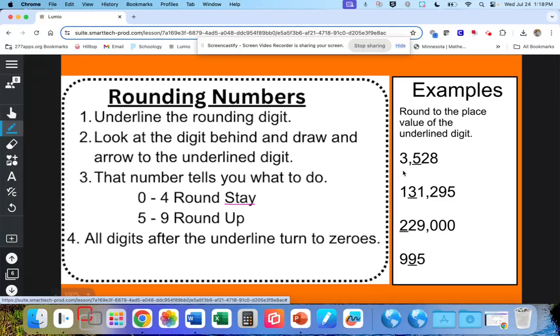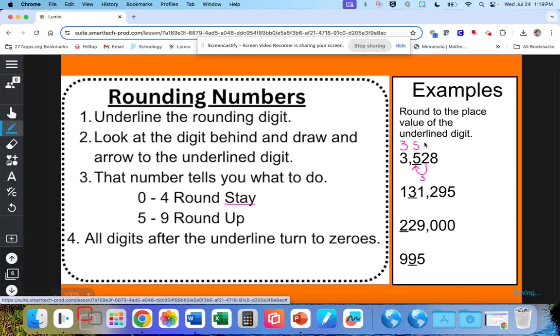So let's take a look at the steps. We already have the underlined digit, so we're going to go to number 2. We look at the number behind it and we draw an arrow to the underline. The 2 is telling the 5 what to do. And if we look at our chart over here, a 2 would say round stay. So the 5 is going to stay a 5. Everything in front of it stays.